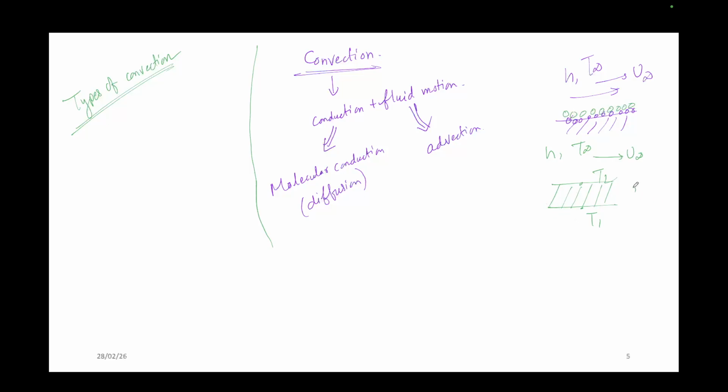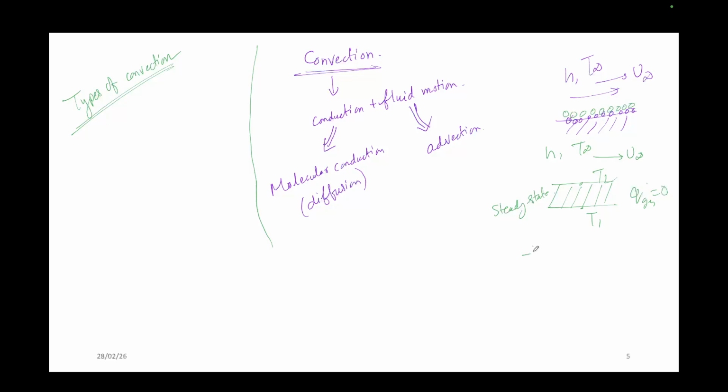If I say Qgen equal to 0, and it is in steady state, what that basically means is the heat transfer due to conduction equals the heat transfer due to convection, from this energy balance equation.